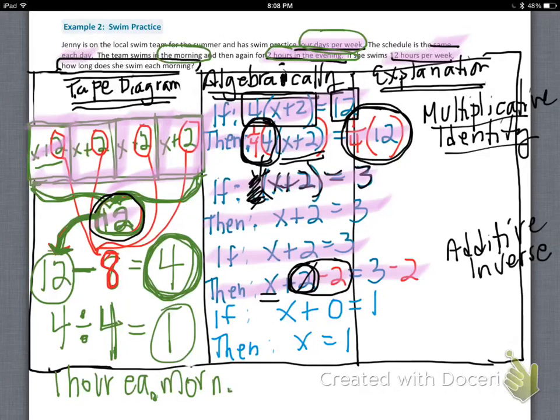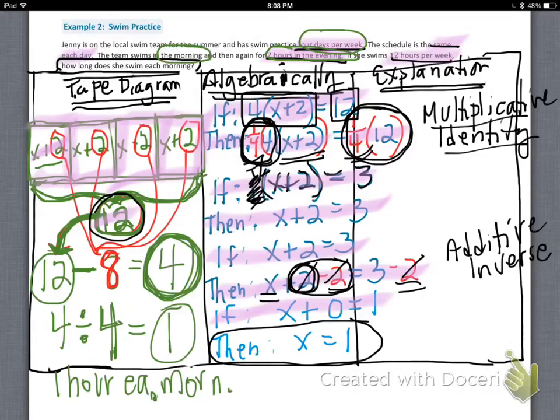So again, what I do to one side, I do to the other, just like I did up here, keeping that balance always true. So then I'm going to end up right here. So now if x plus 0 equals 1, because that's what we end up getting, because 2 minus 2 is 0, and then 3 minus 2 is 1, then x equals 1. And there you go.